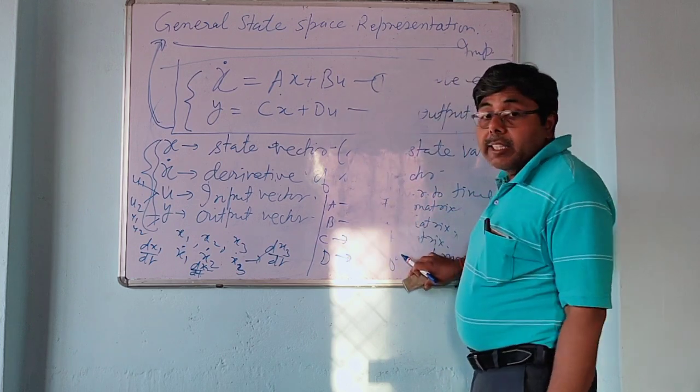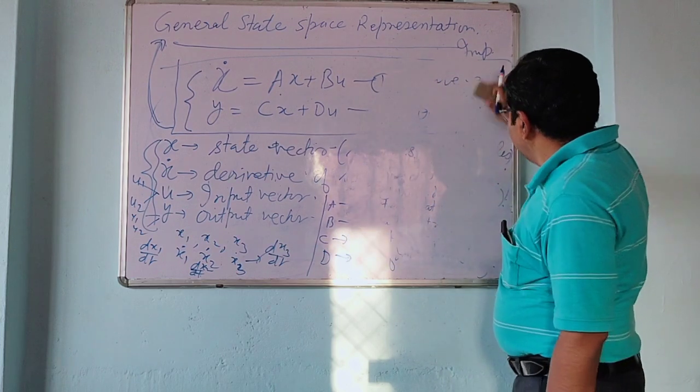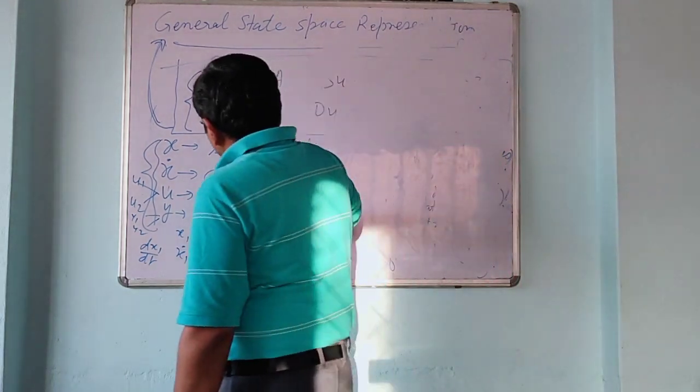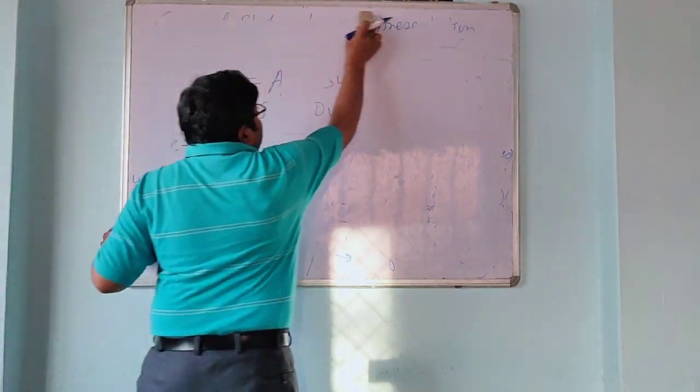Now we will take an example: how can we represent a system in state space?